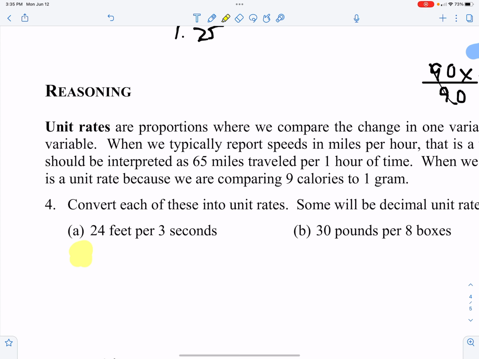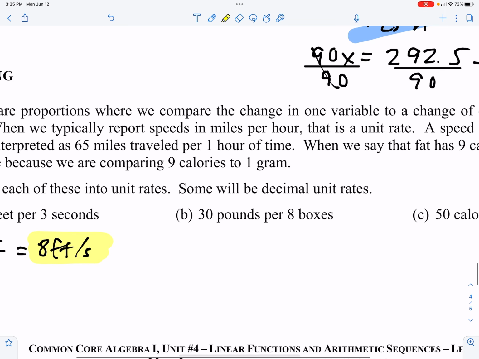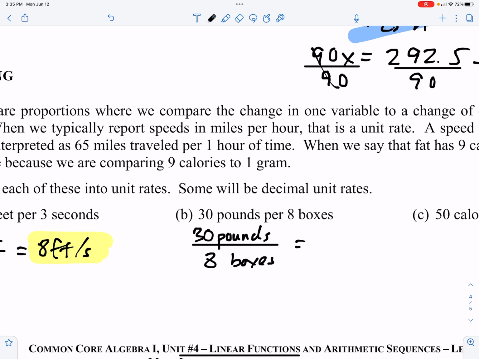So this one would be 24 feet in 3 seconds, we'll just divide the two and we would get 8 feet per second. 30 pounds per 8 boxes would be about 3.75 pounds per box.